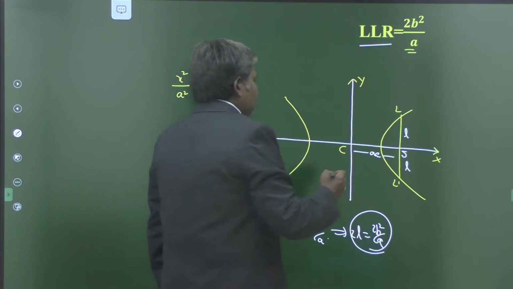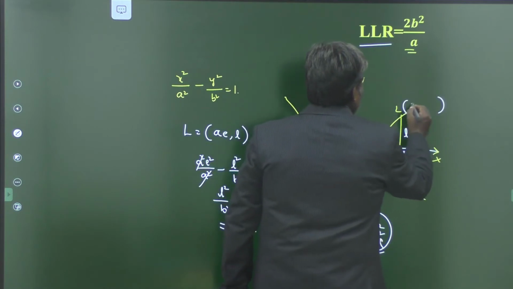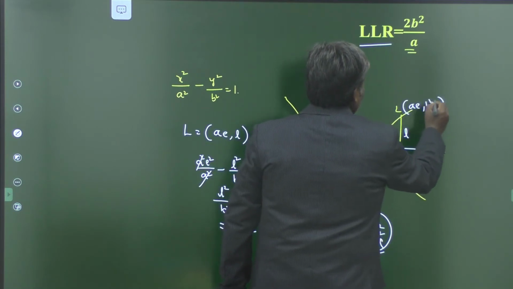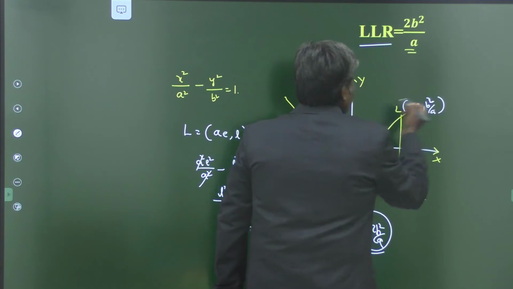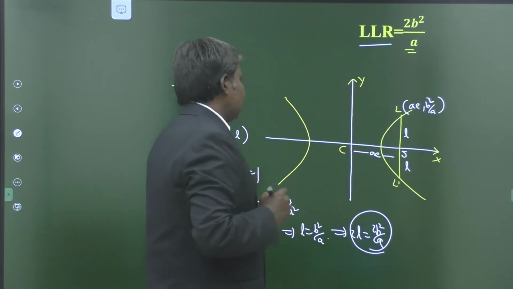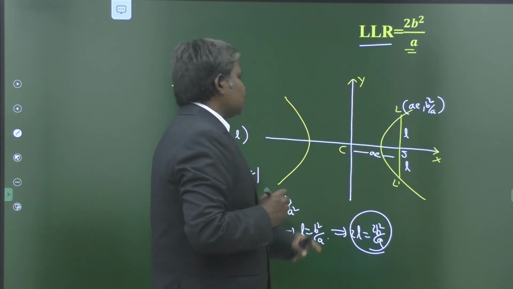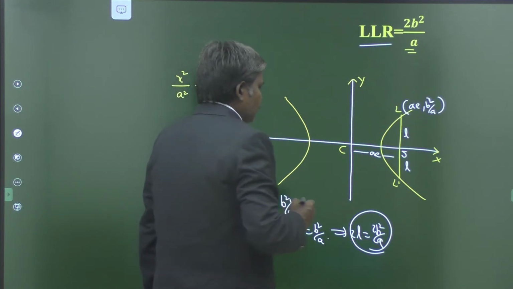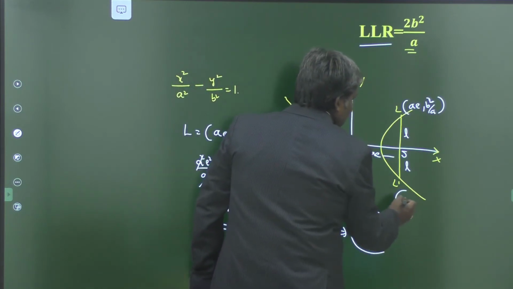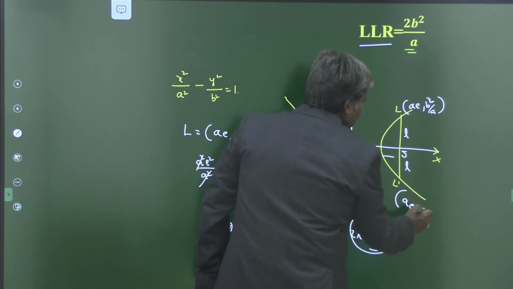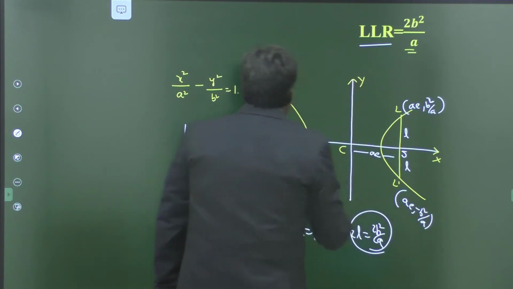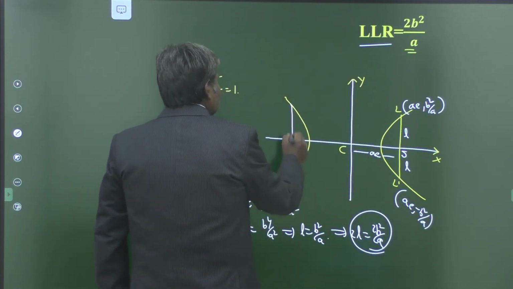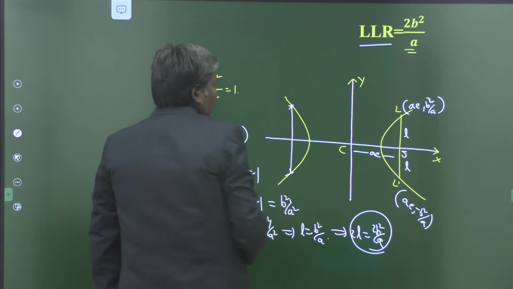Now, what are the coordinates of L? ae comma b square by a. It is same as in the ellipse. But your b square is equal to a square into e square minus 1 here. And this is ae comma minus b square by a. Similarly, you can write the other two extremities for this latus rectum also.